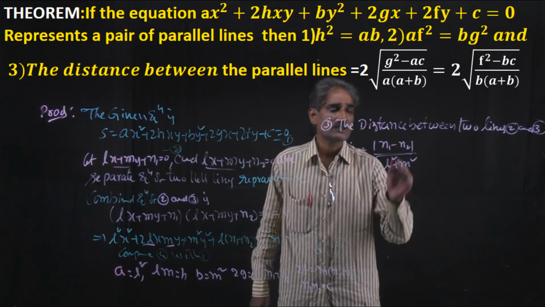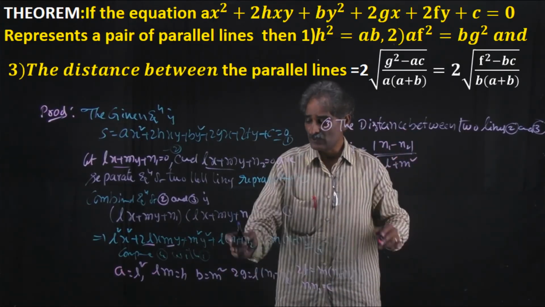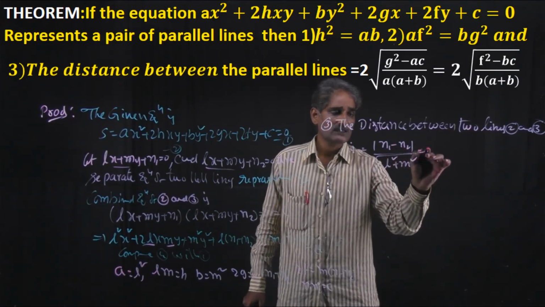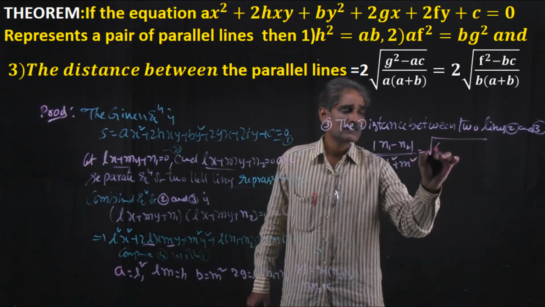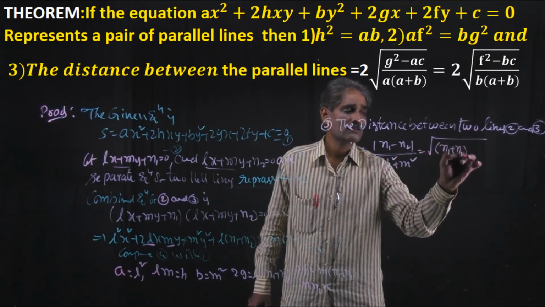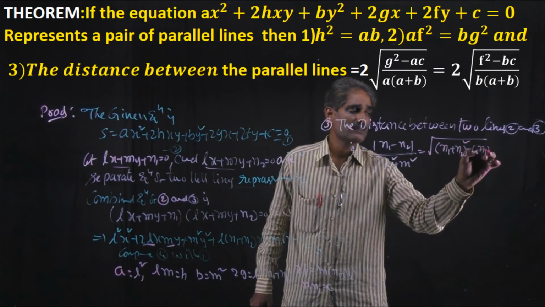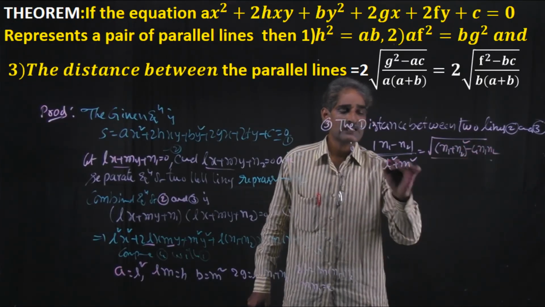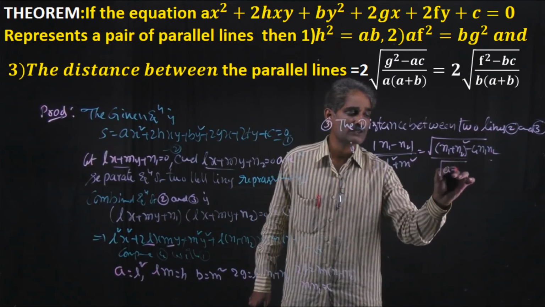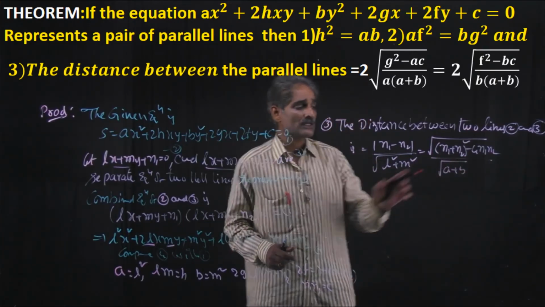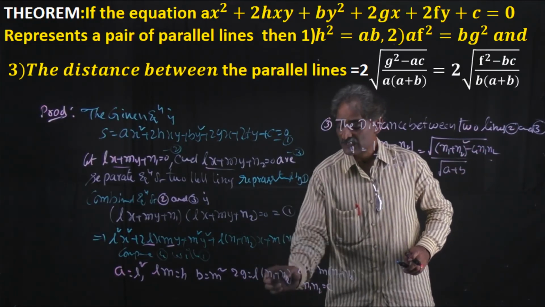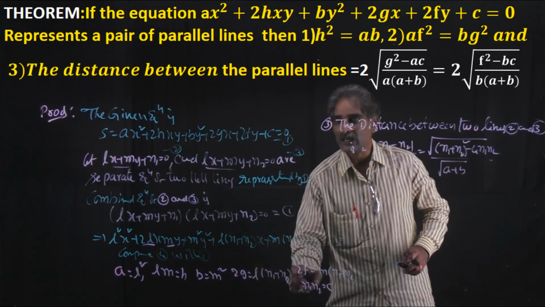Okay. So we have formula values for n1 plus n2. So just we can write here, root of (n1 minus n2) equals root of (n1 plus n2) whole square minus 4 n1 n2, by L square is nothing but a, m square is nothing but b. Therefore, this is equal to root a plus b. See here we can write n1 plus n2 either in terms of g or in terms of f. n1 plus n2 equal to 2g by L or 2f by m.